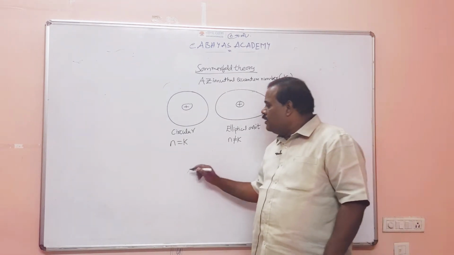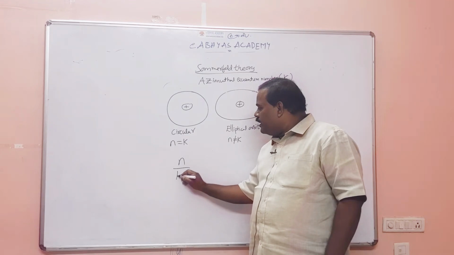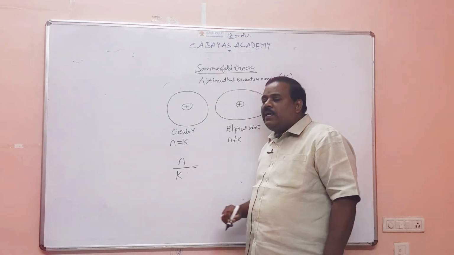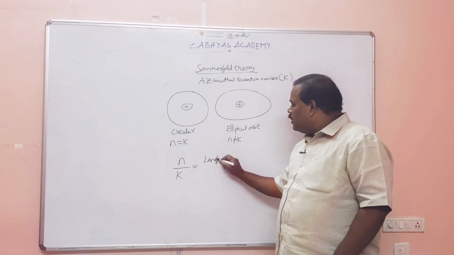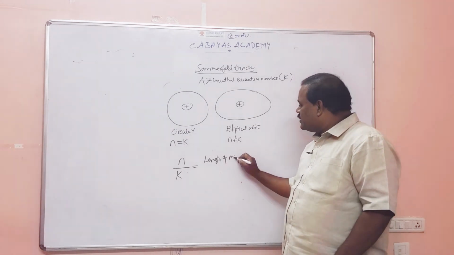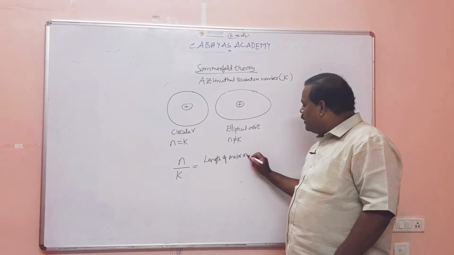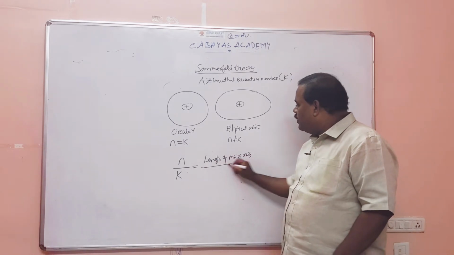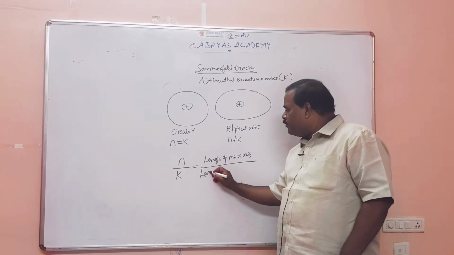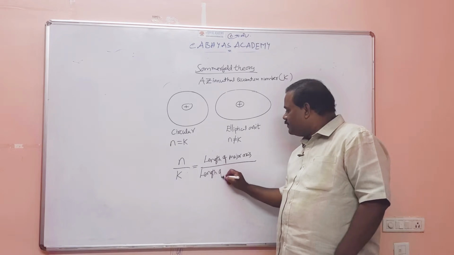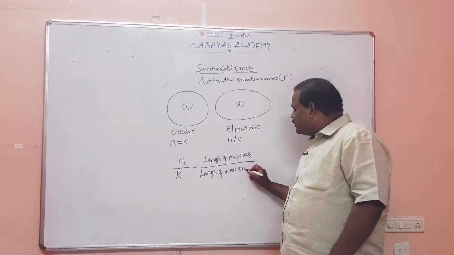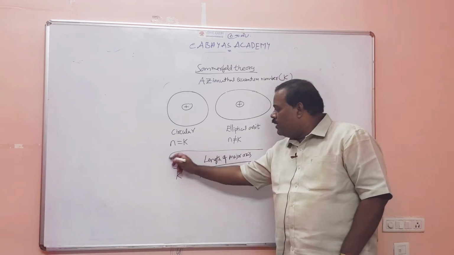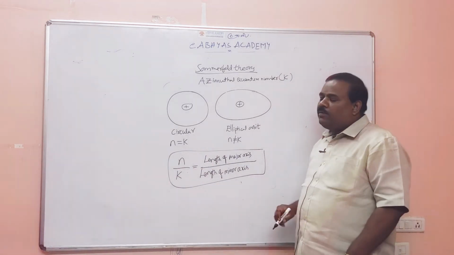number. And these two are related as n by k is equal to length of major axis divided by length of minor axis. The two quantum numbers n and k.